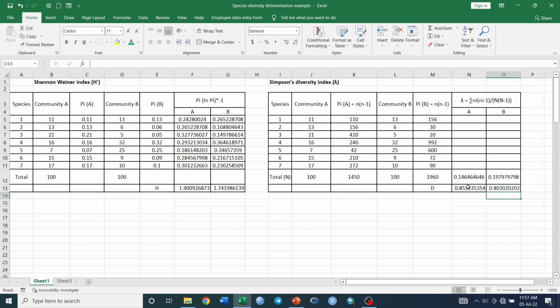Look here, community A has a higher value than community B, so community A is more diverse than community B.